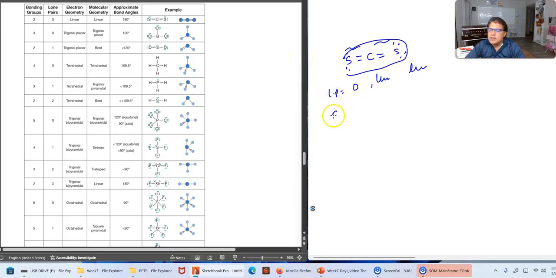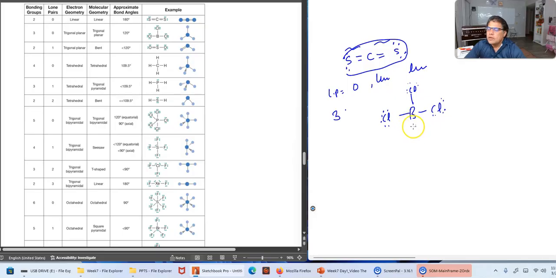Now if there are 3 bonding groups, let's see B, Cl, Cl, Cl. Do you see three bonding groups? The corner atoms can have lone pairs, but we are not thinking about the corners, only the center.